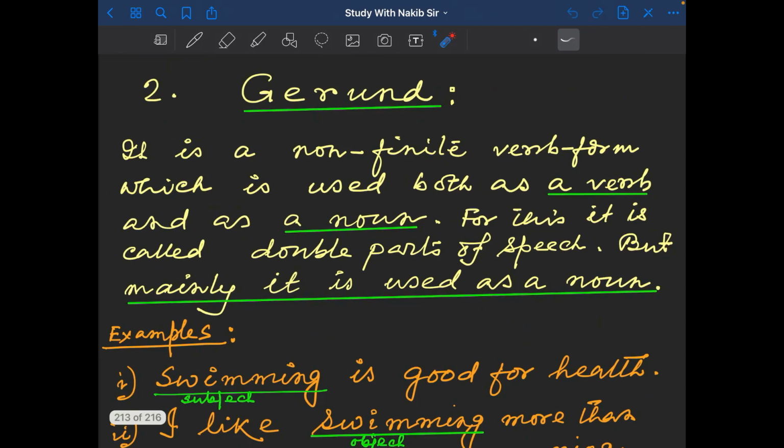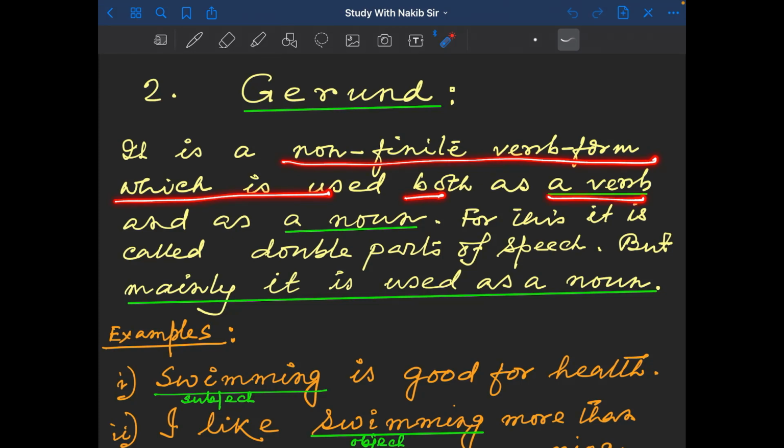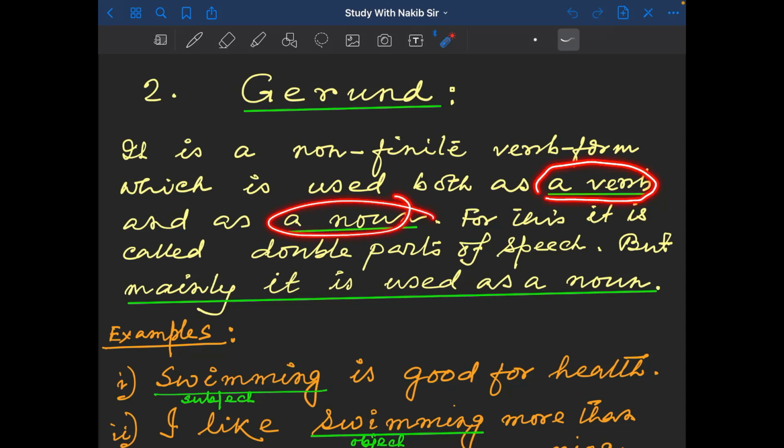Now go to the second point. This is the gerund. So what is the gerund? It is a non-finite verb form which is used both as a verb and as a noun. Two ways, as a verb and as a noun. For this it is called double parts of speech like the participle, but mainly it is used as a noun.